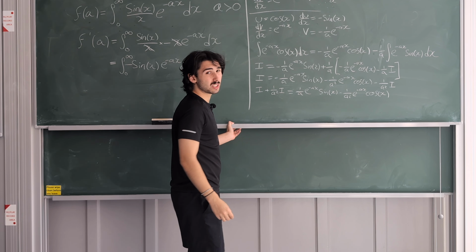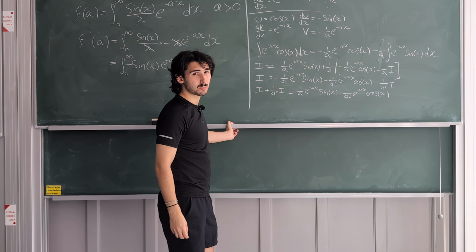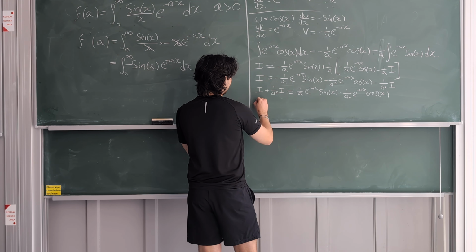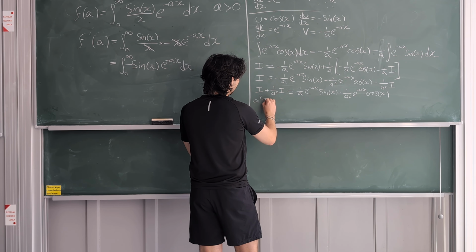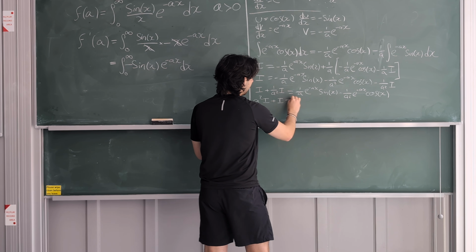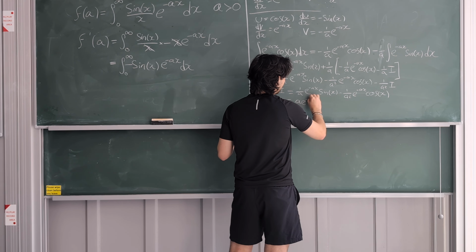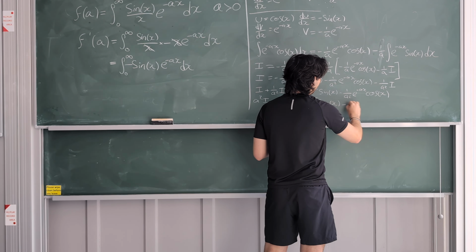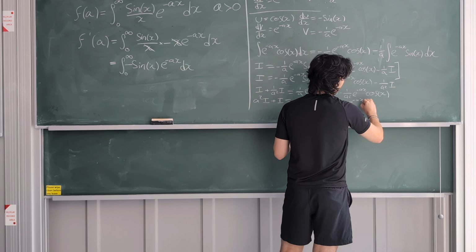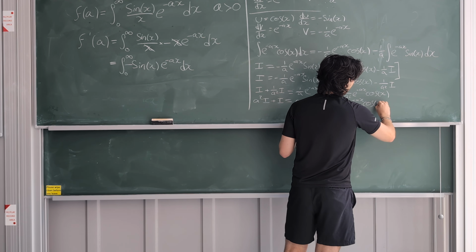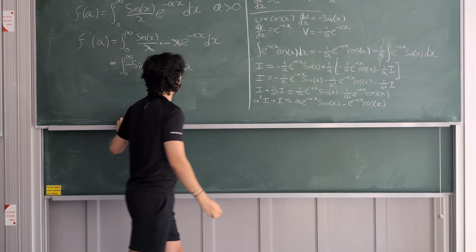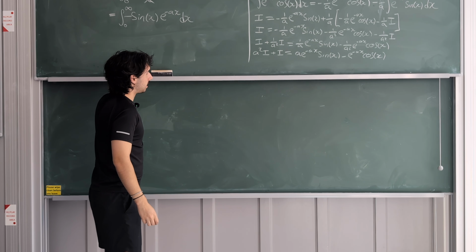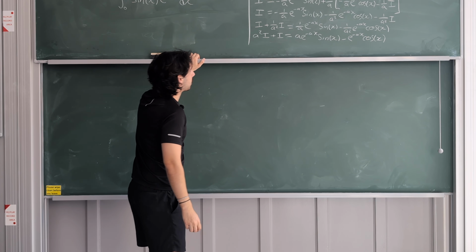For simplicity, I'm going to multiply both sides by a squared. So I get a squared I plus I equals a e to the minus ax sine x minus e to the minus ax cos x. Then I'm going to move on to the next board.